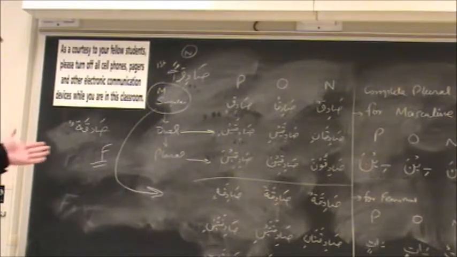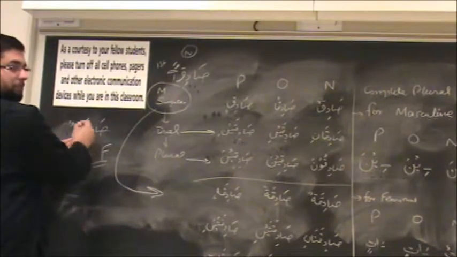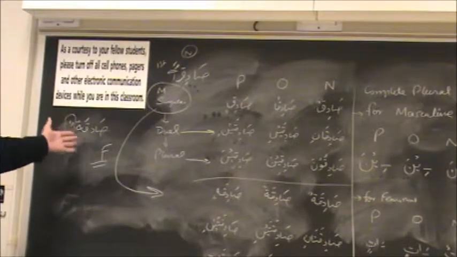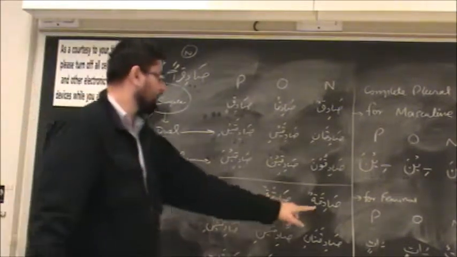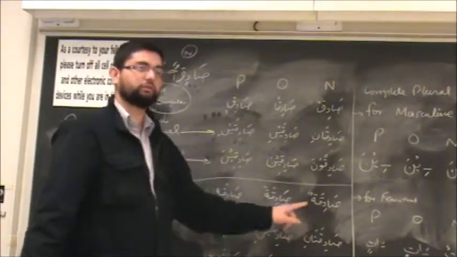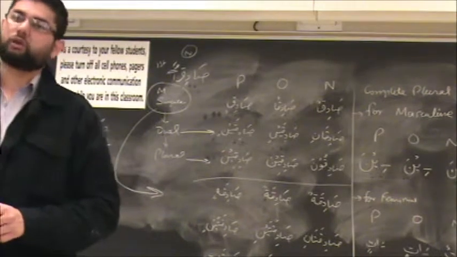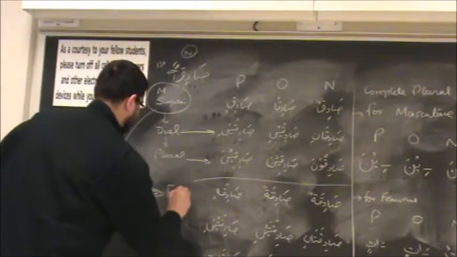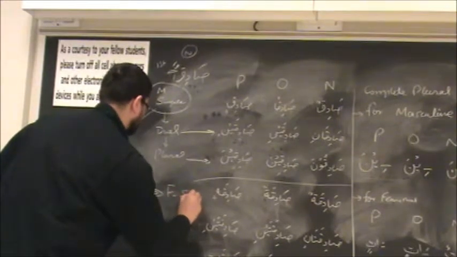And now this is feminine, this is singular, and this is also from the first category, and this is in the nominative case. How do we change it? Un and in. So it will be sadiqatun, sadiqatan, sadiqatin. Okay? So this is feminine and singular.